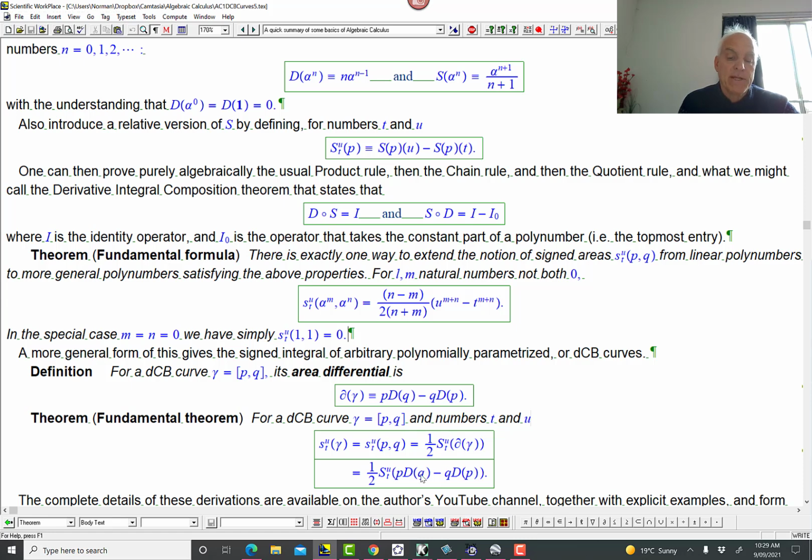So more explicitly, it's 1/2 S from T to U of P dQ minus Q dP.